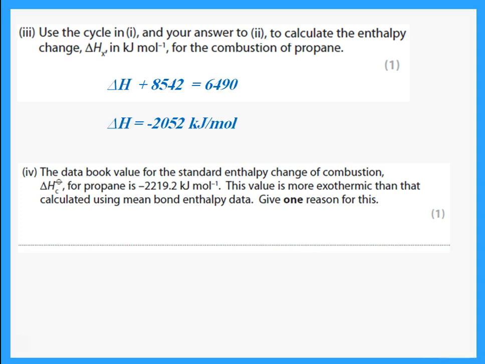So let us go back. So delta H would be the difference between the 6490 and the delta H that we just calculated, which is the 8542. So that comes out to be a negative. And the other question says the data book value for propane is something different. This value is more exothermic.